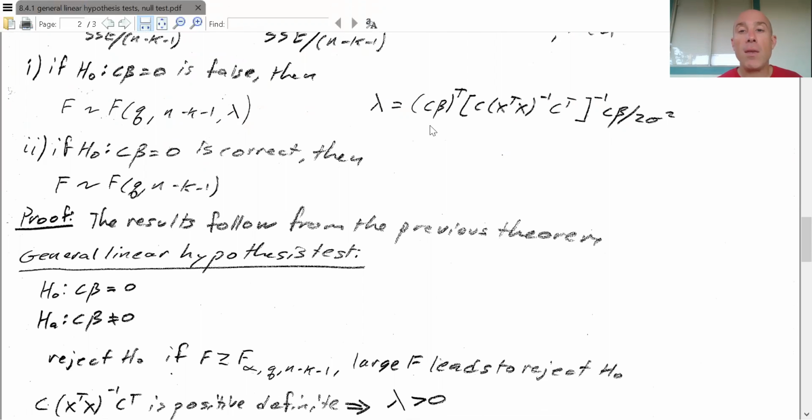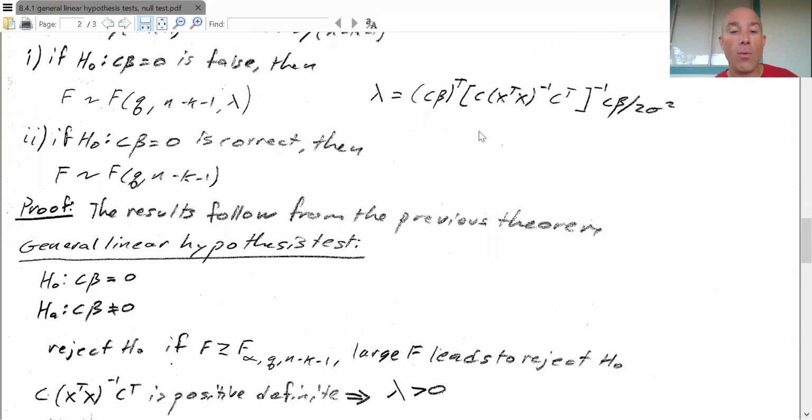Now something to think about. When we think about the non-centrality parameter, remember that we have positive definite going on with the x's, and correspondingly, putting a C on each side isn't going to change anything about that. So we have positive definite on this term. Therefore, we know that our non-centrality parameter has to be greater than 0.